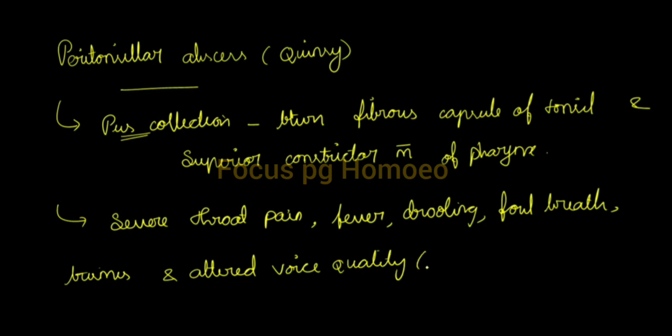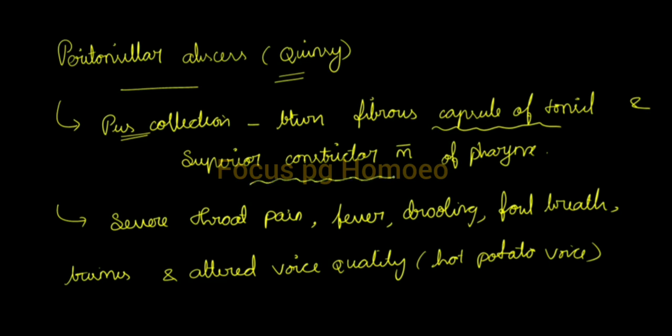The voice quality will be bad, and this is also called hot potato voice. So regarding peritonsillar abscess, also called quinsy, there will be pus collection between the fibrous capsule of the tonsil and the superior constrictor muscle of the pharynx, and there will be severe throat pain, fever, drooling, foul breath, trismus and altered voice quality, that is hot potato voice. So these are the MCQs related to peritonsillar abscess.